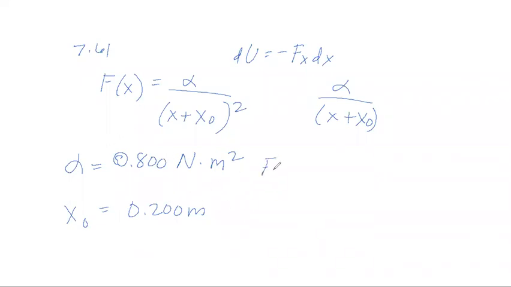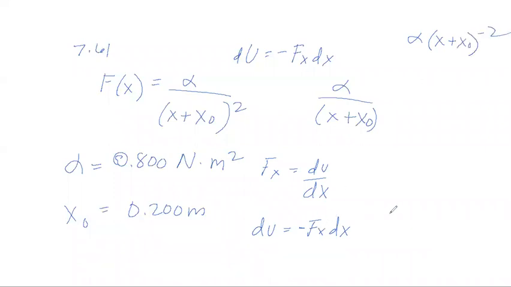Okay, so let's see. F of x equals dU dx. So dU equals negative F of x dx. Integrating both sides, this is just the same as alpha times x plus x0 to the negative 2.